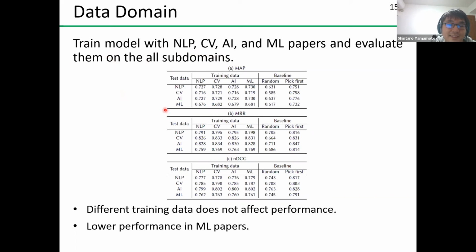We find that training on different data does not affect performance. So for example, on the test on NLP papers, the training data does not change the performance. We also found that the test on machine learning papers shows lower performance.